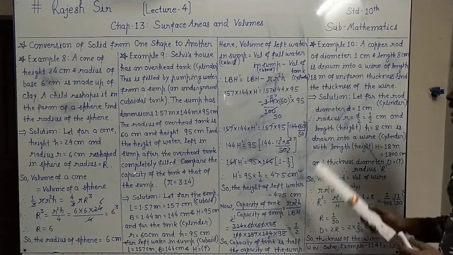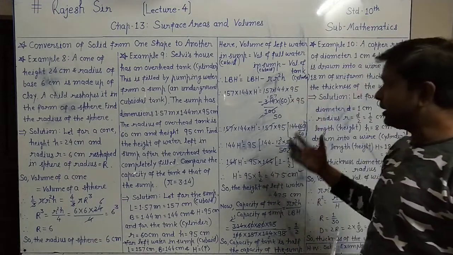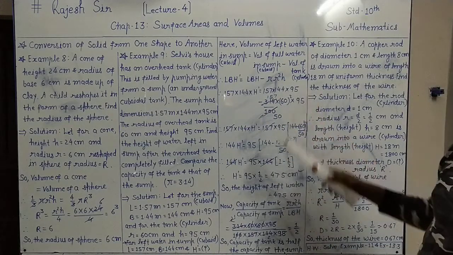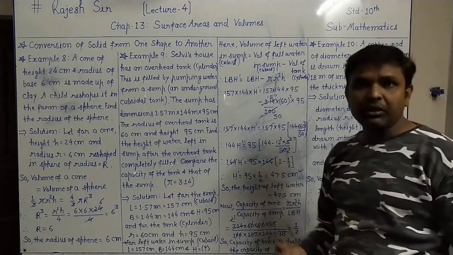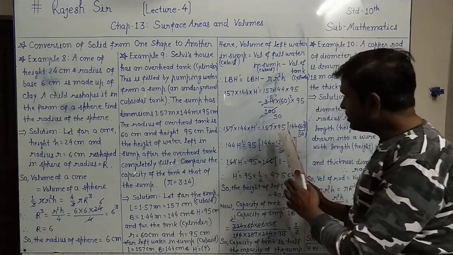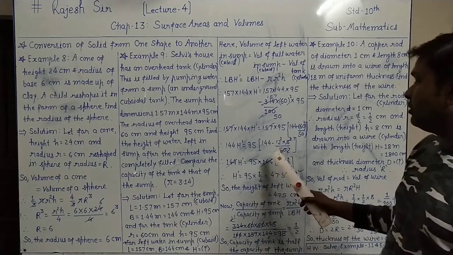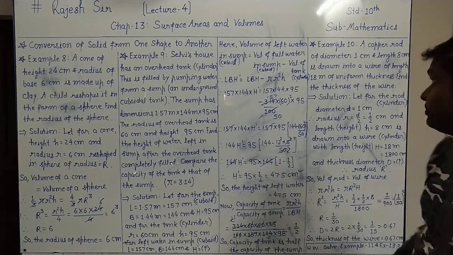For this we have to calculate very carefully in simplification also. If we take care, there is no need of multiplying everything and getting into trouble or making it very complex. We can simplify this step by step very easily and we can get our answer.